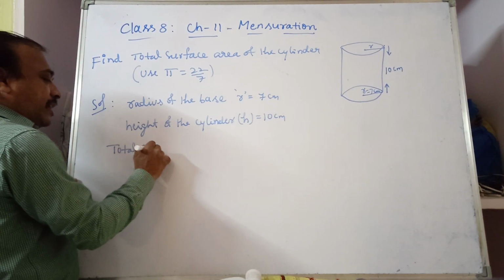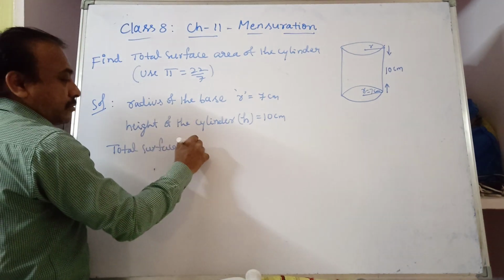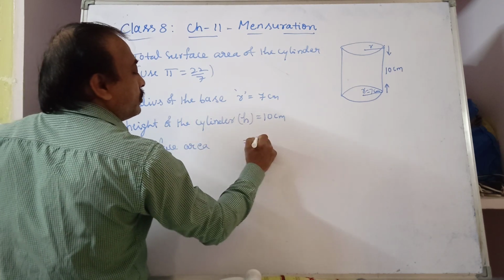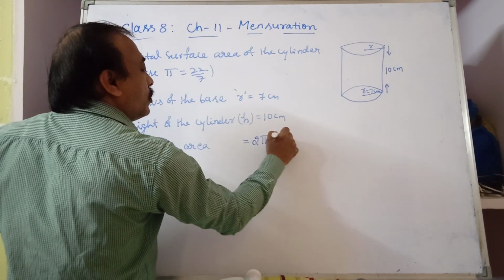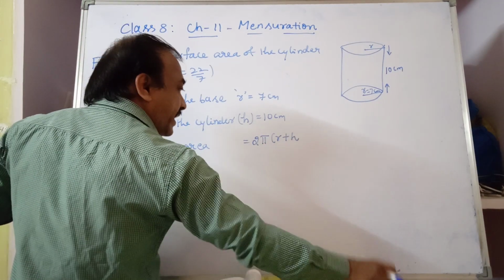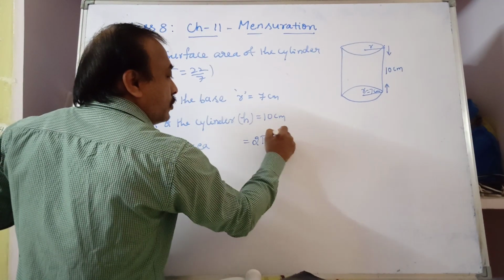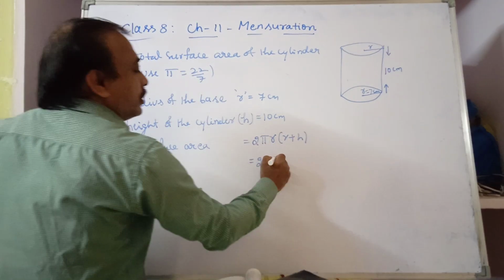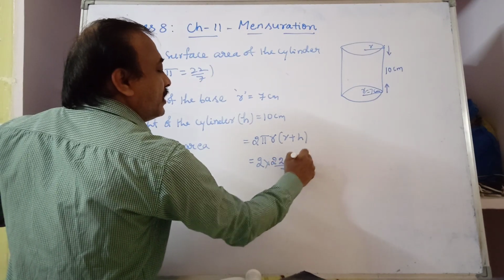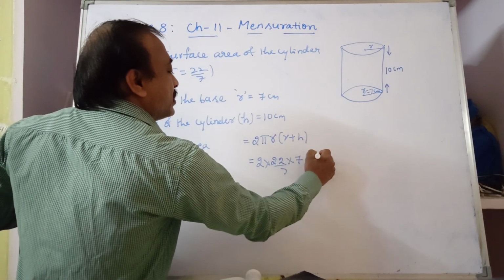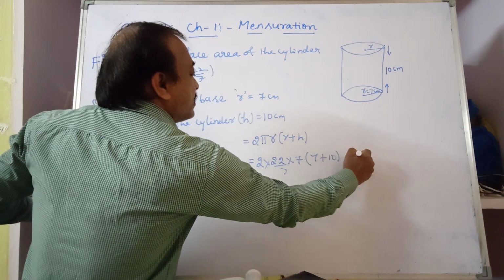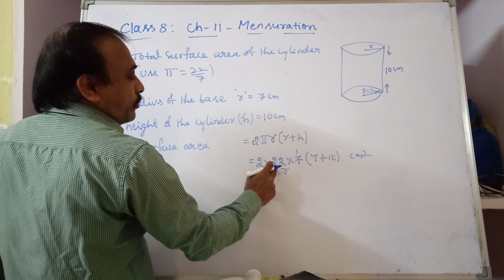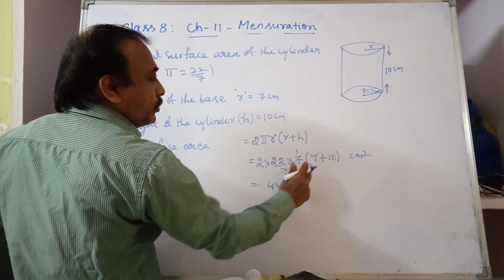Total surface area is equals to 2 pi r into (r plus h). 2 pi r into (r plus h), which is equals to 2 into pi value 22 by 7 into r value 7 into (r plus h), 7 plus 10 centimeter square. 7 and 7 get cancelled. 2 into 22, 44 into (7 plus 10).